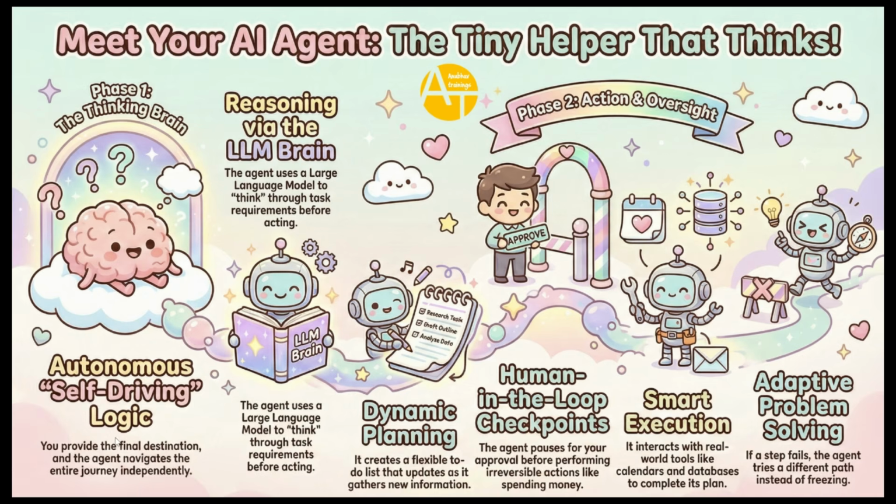So an agent is an autonomous self-driving logic. You provide the final destination. The agent navigates the entire journey independently without human involvement. In order to achieve that result, it has reasoning, which it performs using an LLM, a large language model.